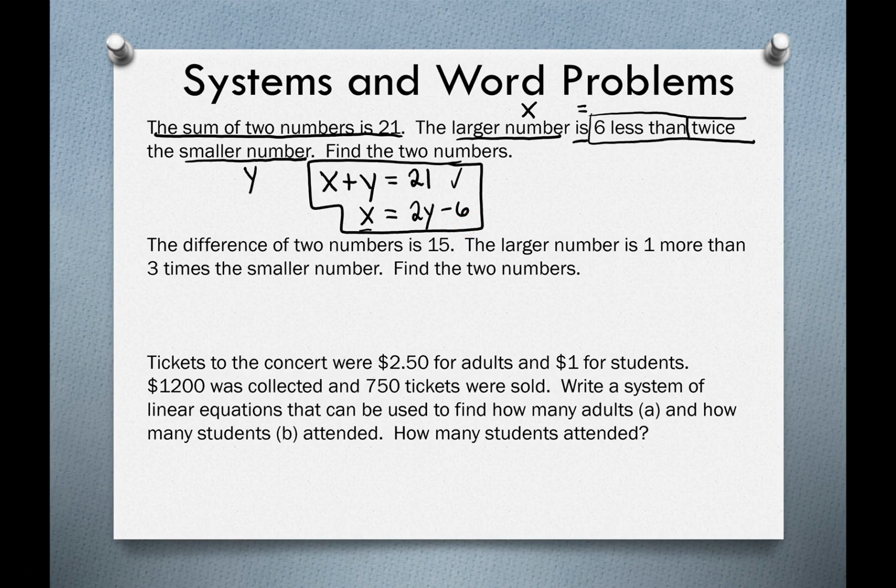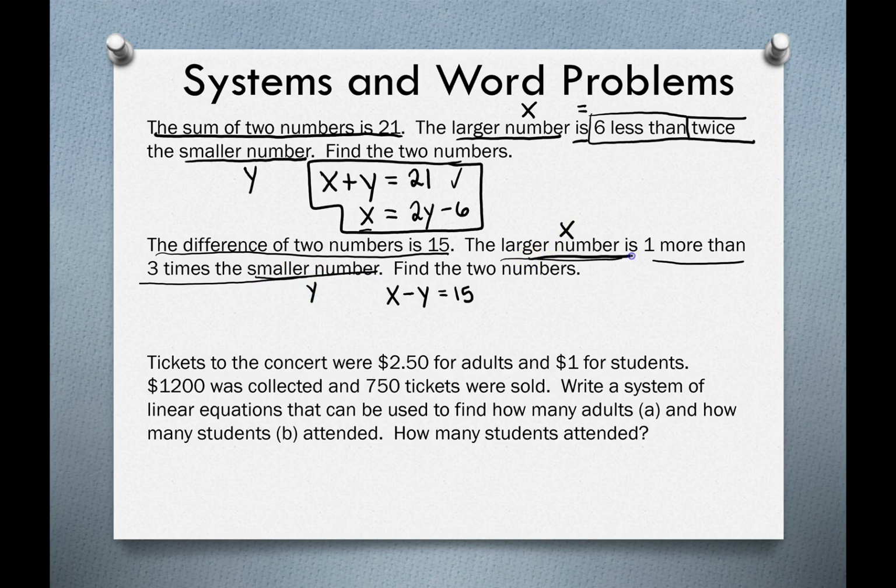All right, next one says the difference of two numbers is 15. So we'll say x minus y equals 15. The larger number, okay, we'll call that x again, is 1 more than 3 times the smaller number. Well, let's call the smaller number y.